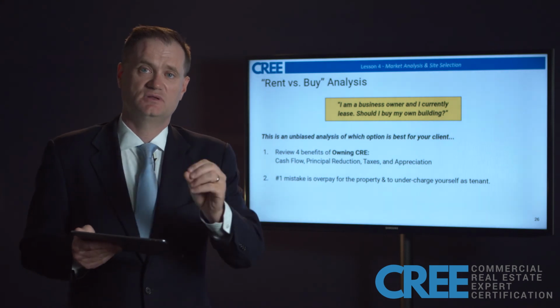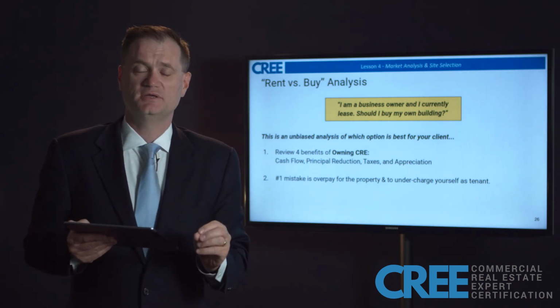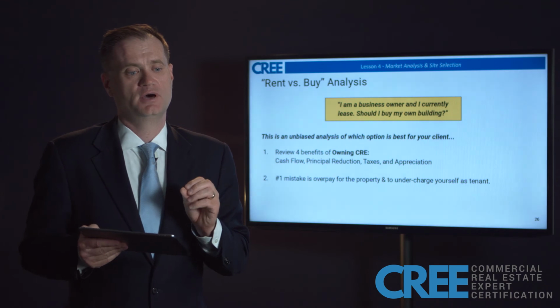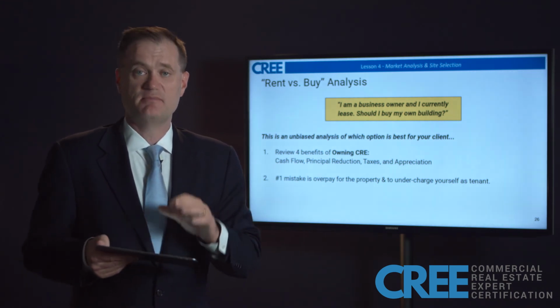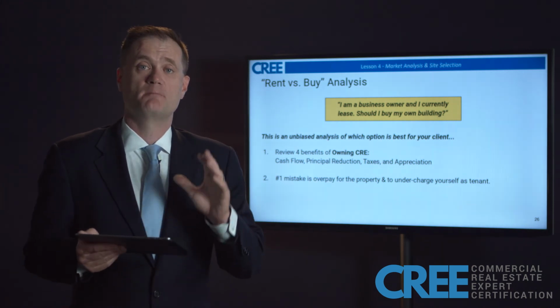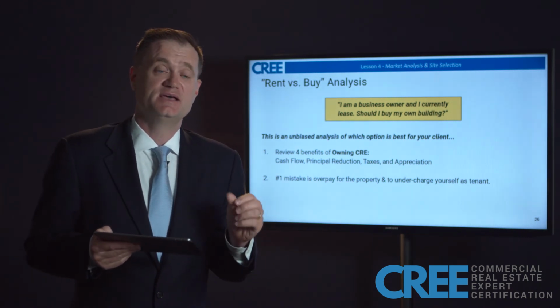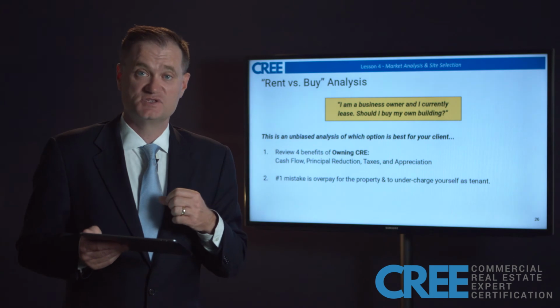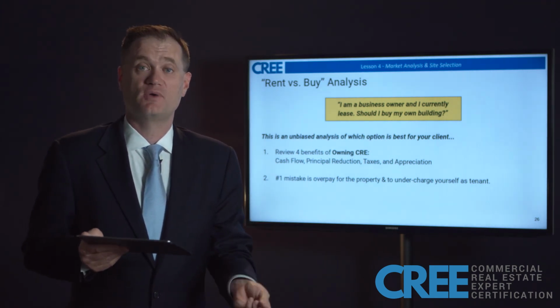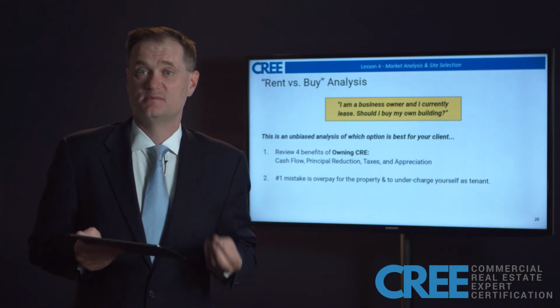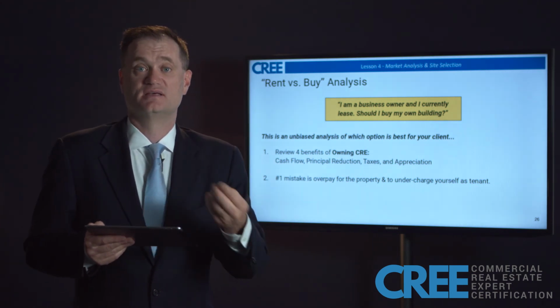And I tell that to a lot of my clients that want to buy their own building. So you want to go through the 4 benefits of owning real estate and make sure that it makes sense, make sure that if they were to leave the space after they've occupied it, they could rent it out for the market rate that they're currently paying themselves, based on the rent that's currently coming in.